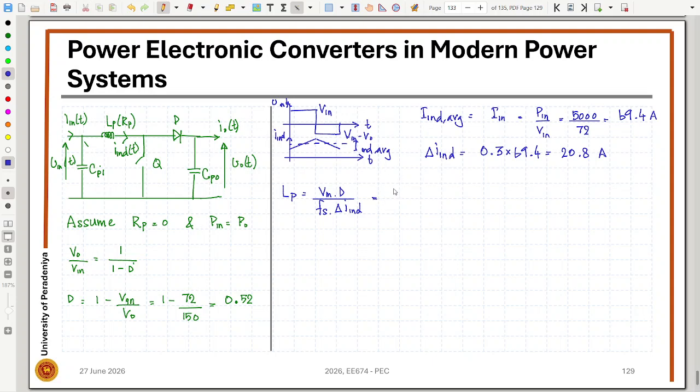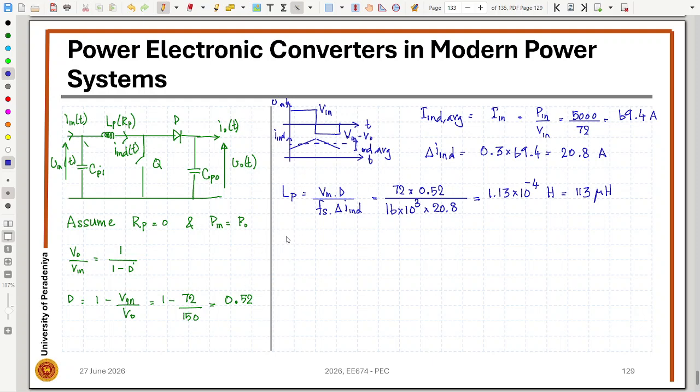So V in is 72, duty ratio is 0.52, Fs is 16 times 10 to the power 3, times 20.8. So this will result in the inductance as 1.13 times 10 to the minus 4 Henry, which is equal to 113 micro Henry.